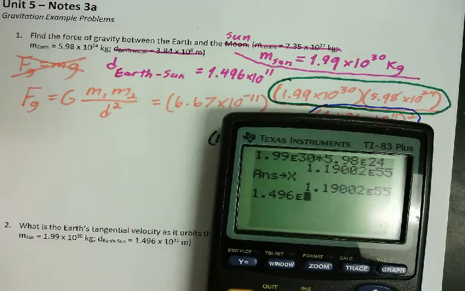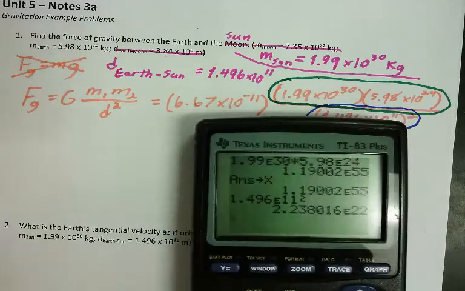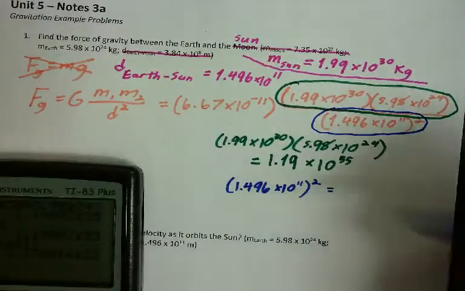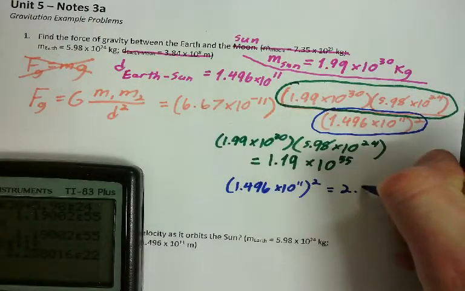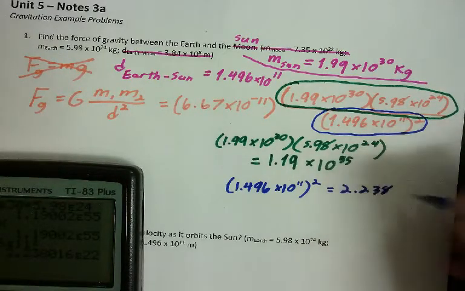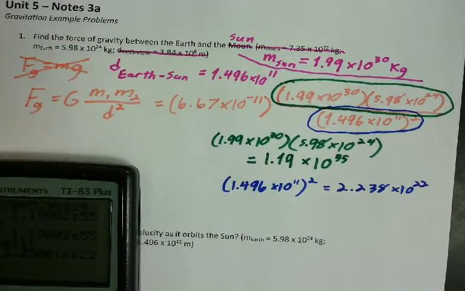There's my times 10. 11th. Hit the square button. There's the number. 2.238. I'll round it to 2.24 times 10 to the 22nd. Actually, I'll just put 2.238.